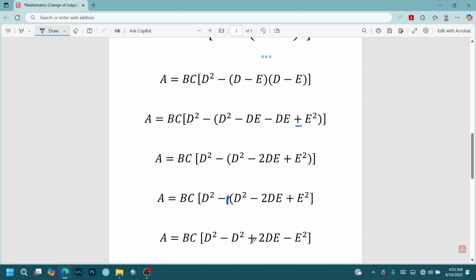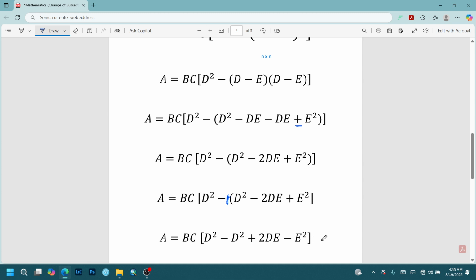That's how we had a positive 2DE, because this invisible one is a negative one, because of the minus sign here. So negative 1 multiplying negative 2DE will give a positive 2DE. And negative 1 multiplying a positive E square will give a negative E square.